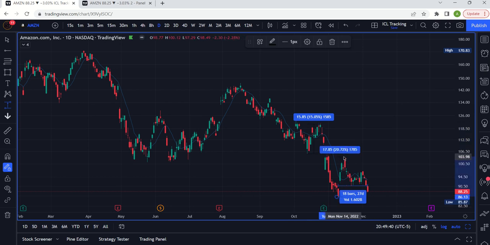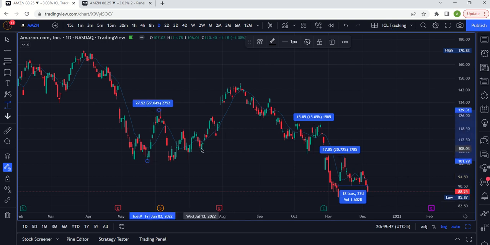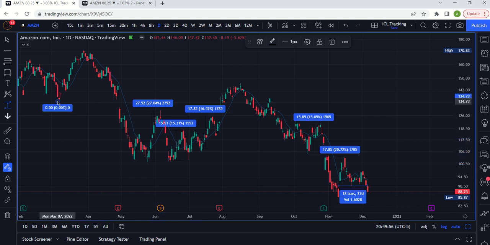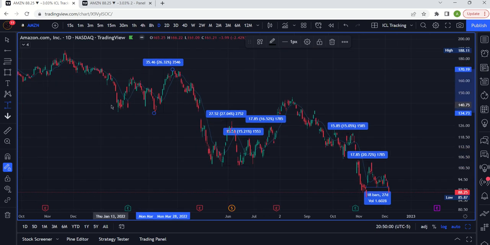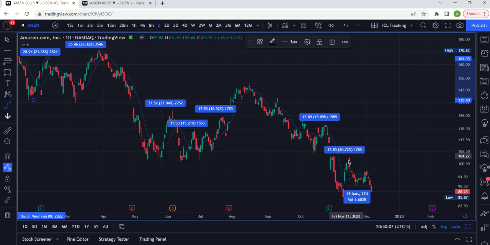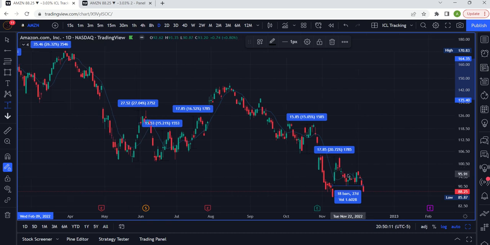This rally was 20%. So you can start to get a sense. This rally was 27. This was 16. And obviously these all just failed, petered out. This was 15. That was 26. So all that to say, this rally has done everything that you would have expected that it would, even though it only lasted 5 days.